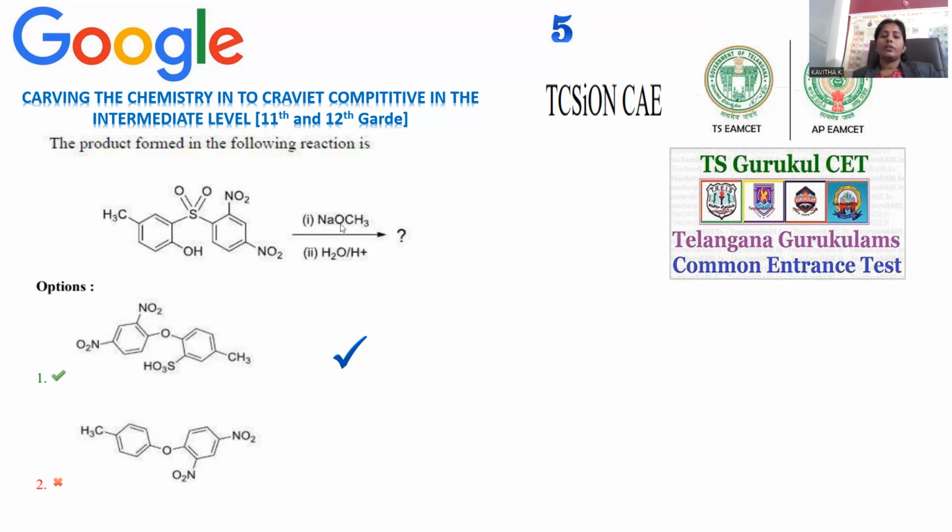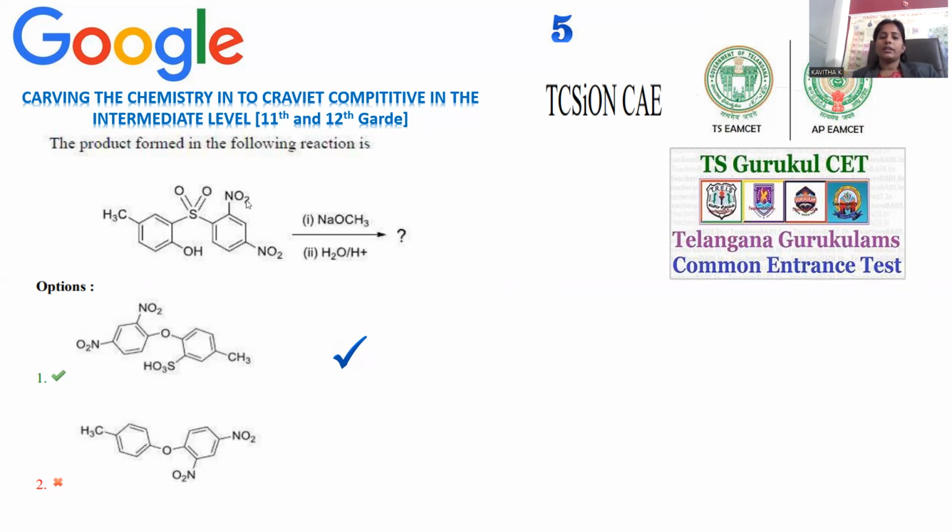Okay, it is the kind of aromatic system connected with the sulfone. So when you are treating with a strong base, sodium methoxide, and further hydrolysis under acidified conditions, what product are you expecting? Very simple to identify. From the options, we can clearly eliminate the wrong answers first.